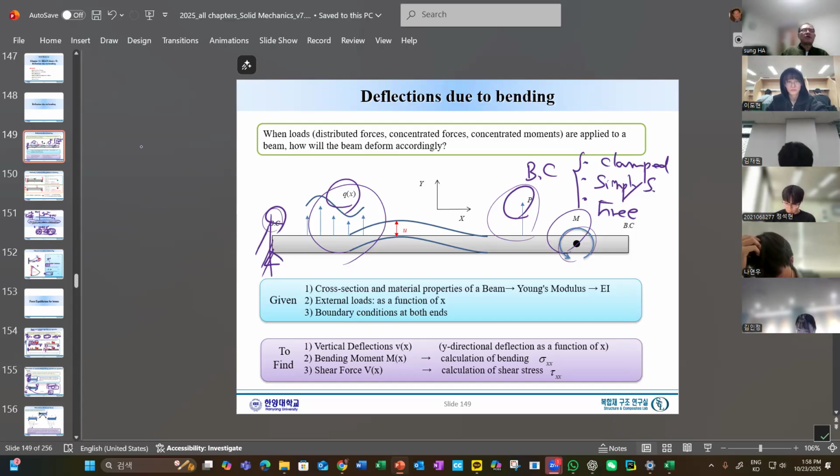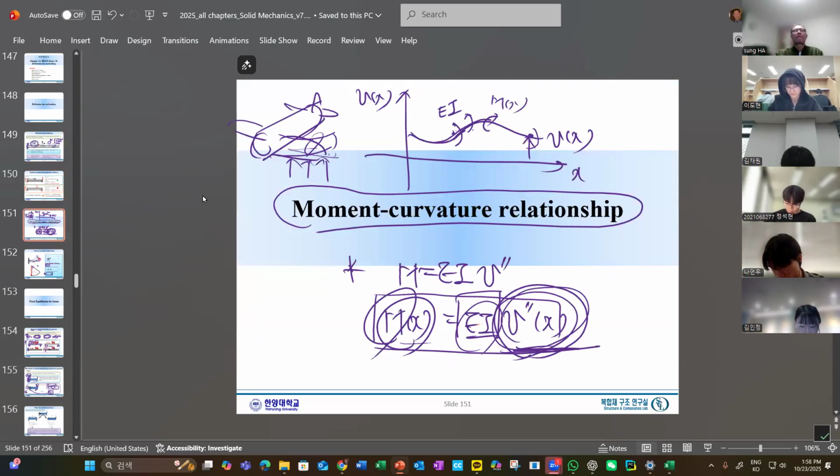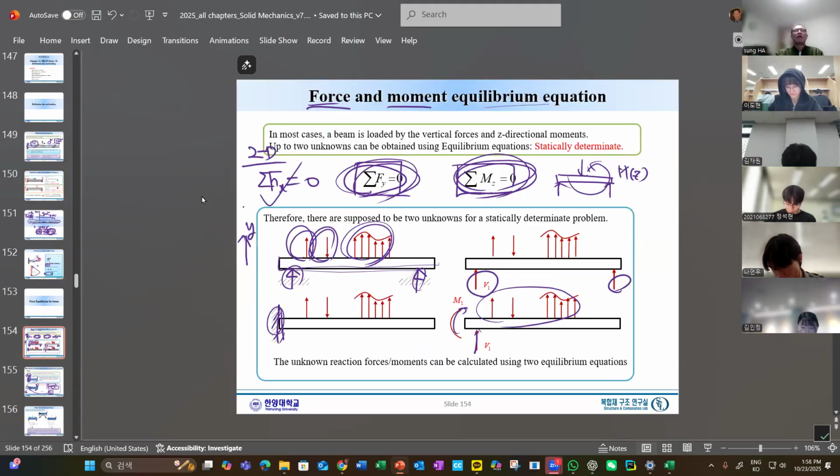Whatever boundary condition we have, at this boundary we would have a certain reaction force. Reaction force would make this structure be in equilibrium. Okay, that's what reaction force does. So that is the point here.